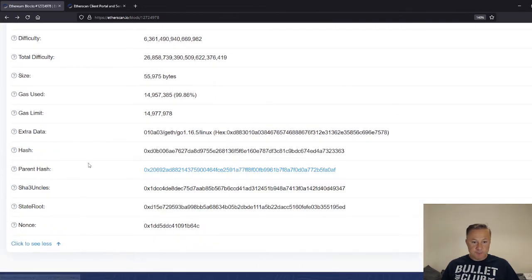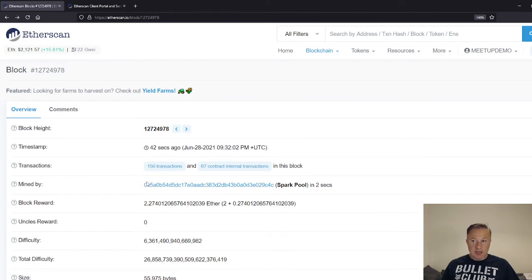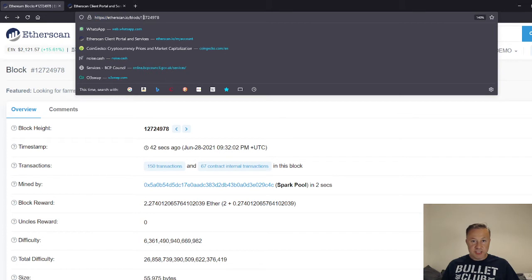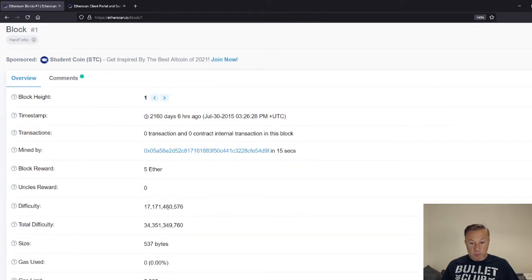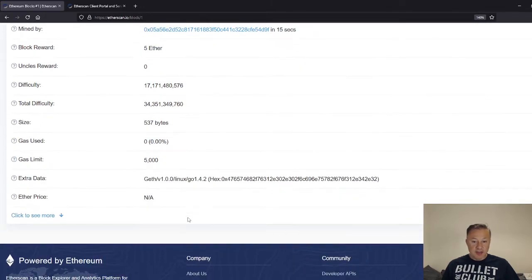Now there is quite an interesting trick you can do with this. If you go to the URL, you can actually change the block number at the top to block number 1. Block number 1 is the first block that was ever mined on Ethereum, and you can see on there how long ago it was, what the block reward was, difficulty, and so on.